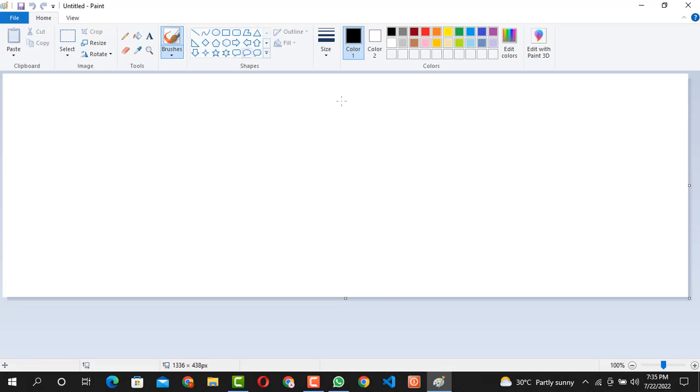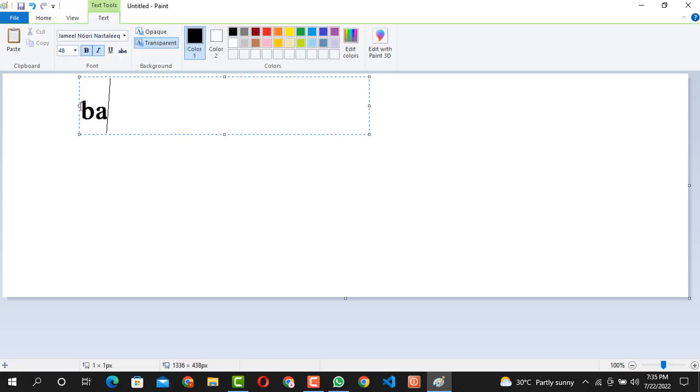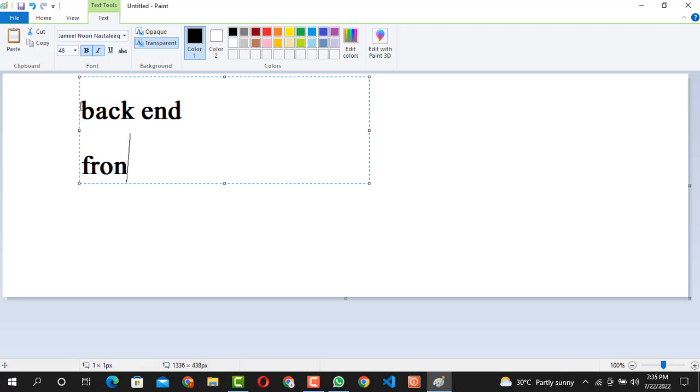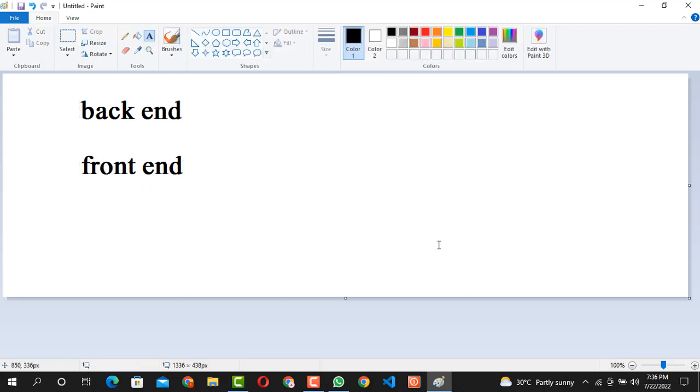I've opened Paint. Now in the world of programming there are two things. The first one is referred to as backend and the second one is referred to as front end. These two terms are used for different purposes.